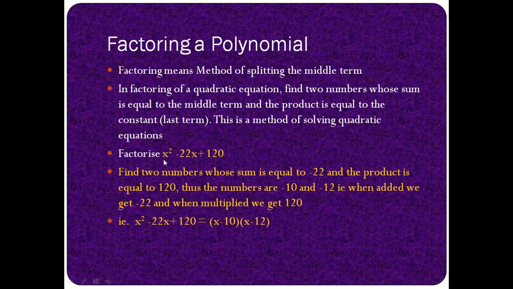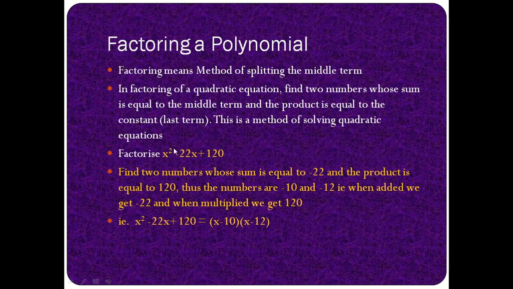In this case, how do we find the factors of this polynomial? This is a quadratic equation because it is a second degree polynomial. We can equate it to 0 also. You have to find two numbers whose sum is equal to the middle term, here minus 22, and whose product is equal to the constant term, that is the last term.